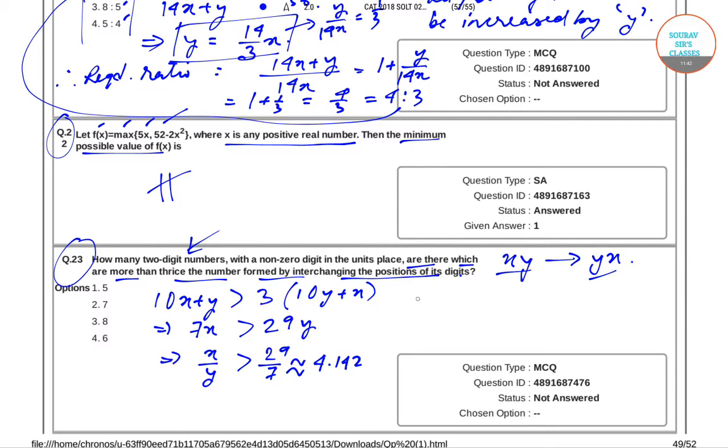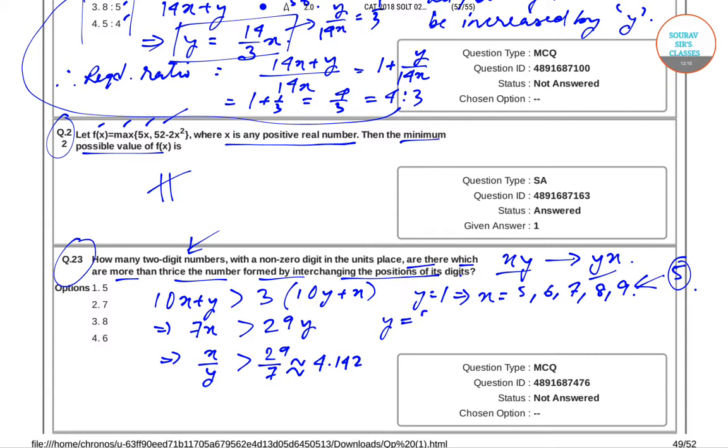So now if we take y is equal to 1, then x has to be greater than 4.142. So in that case, x will be equal to 5, 6, 7, 8 and 9. So we therefore get 5 numbers over here which satisfy the criteria that we are looking for.